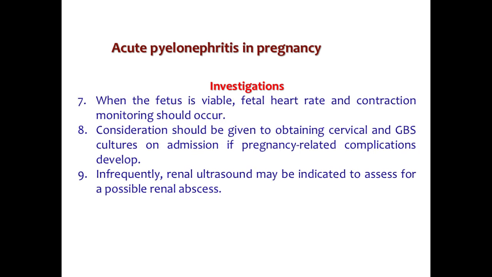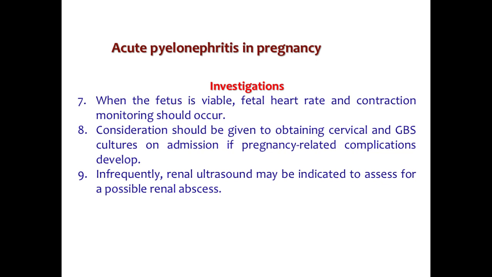When the fetus is viable, fetal heart rate and uterine contractions should be assessed to know the fetal well-being, and we must be concerned about cervical gram-positive staining and culture on admission if pregnancy complications develop. Sometimes renal ultrasound may be indicated to assess the presence of a renal abscess.